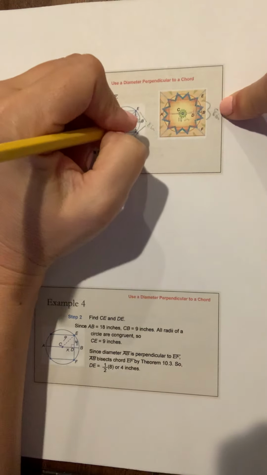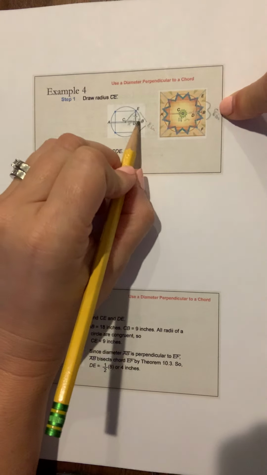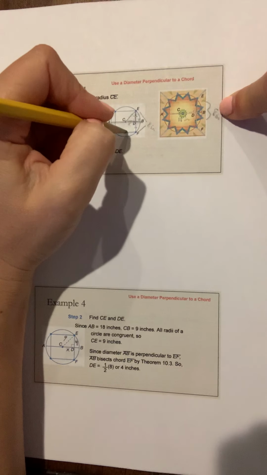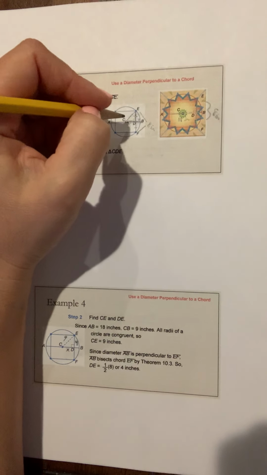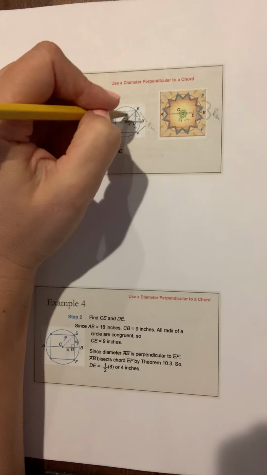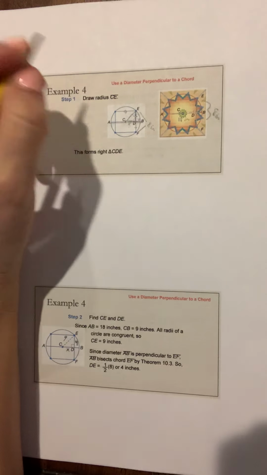Okay, CB is 9 inches. So if radius CB is 9 inches, so is radius CE. Radiuses are all the same. They're going to be the same length because they are the same distance from the center point to the circle. So this is going to be 9.